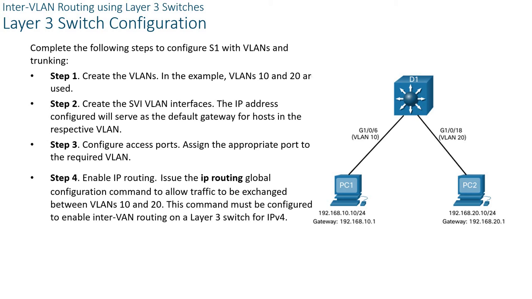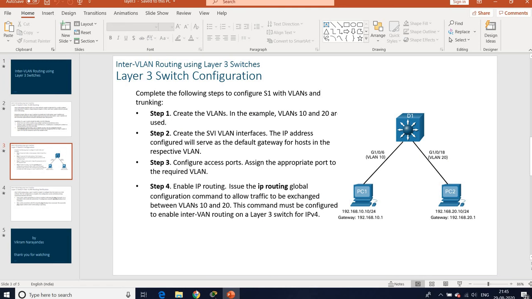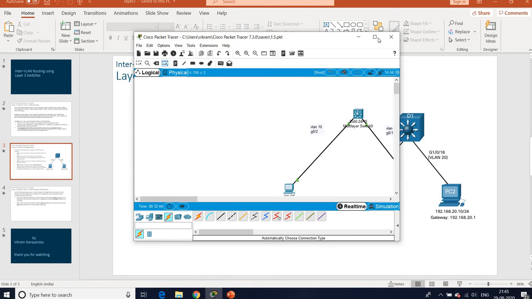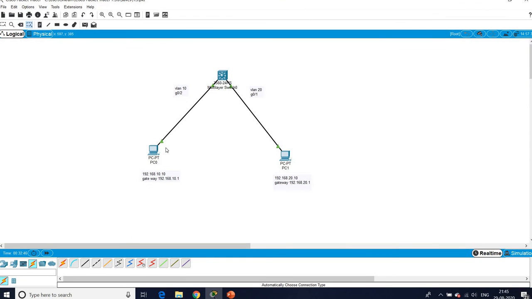So we'll go for a practical demo. First we have taken PC0 and PC1 and a multilayer switch, with VLAN 10 and VLAN 20.